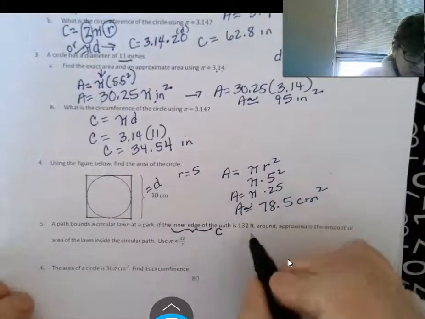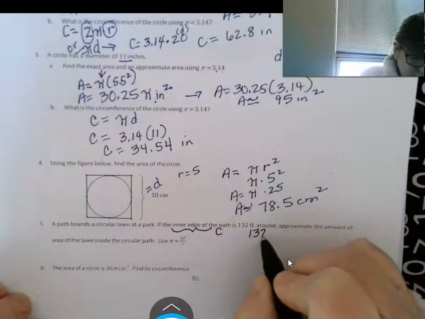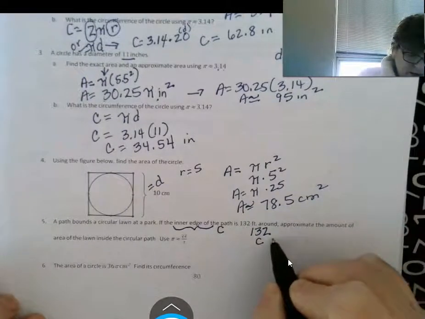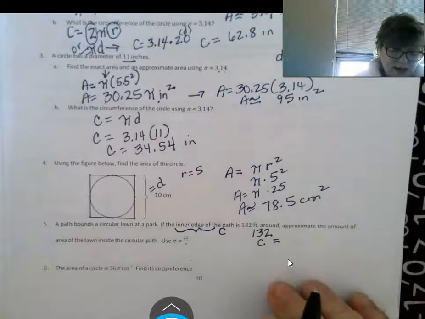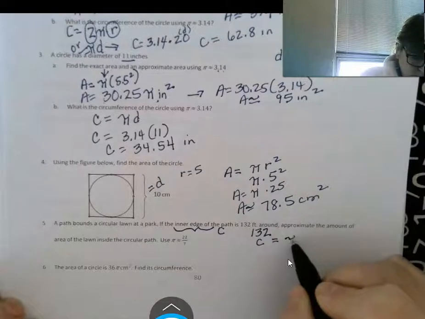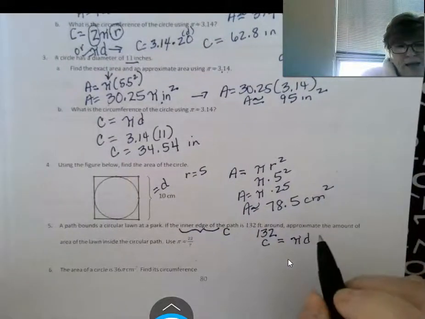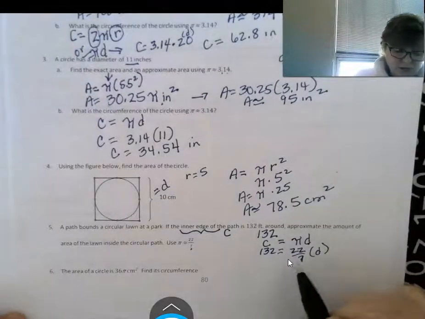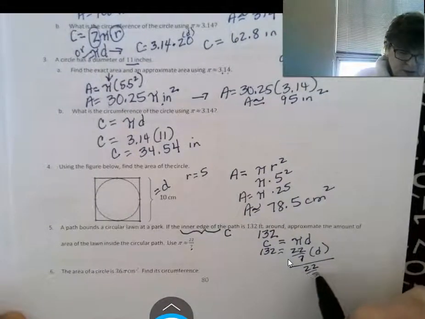So if my C is 132, and circumference is equal to pi times D, or pi times 2 times r. We'll look for the diameter. 132 is equal to, and it's telling me 22/7 times D.